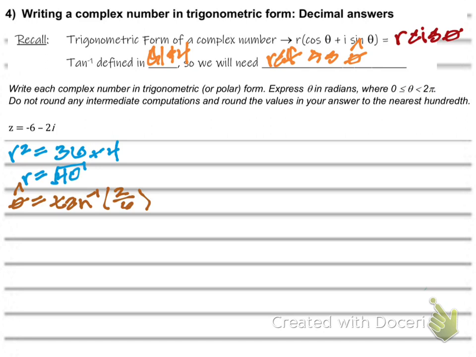And then here, if theta is in quadrant 3, theta is pi plus theta hat, right? In quadrant 3. So theta will be pi plus the inverse tangent of 2 over 6, or 1/3.